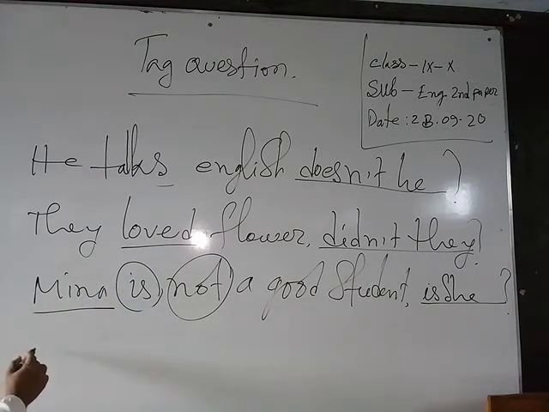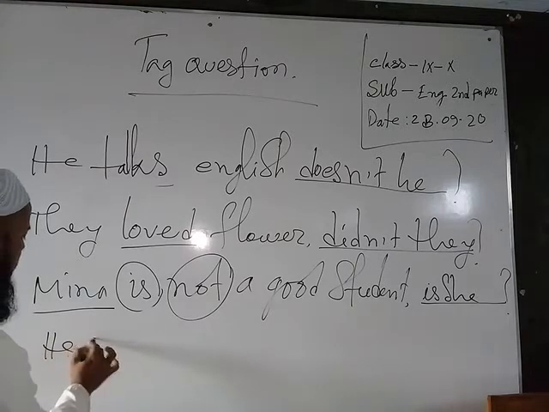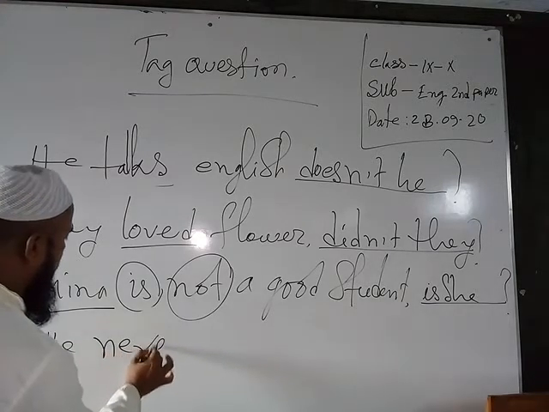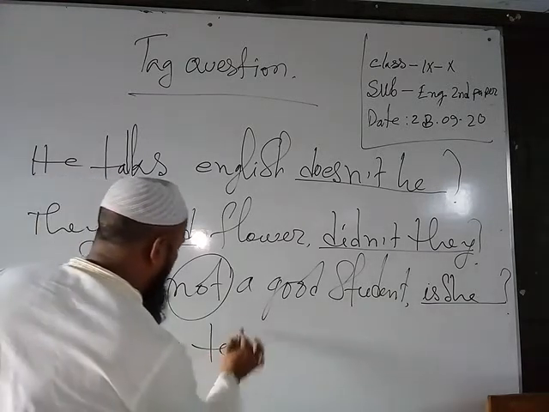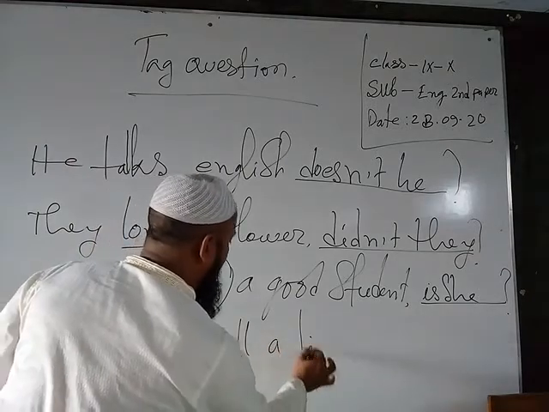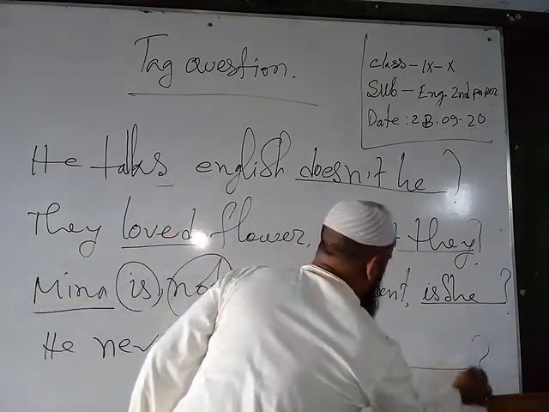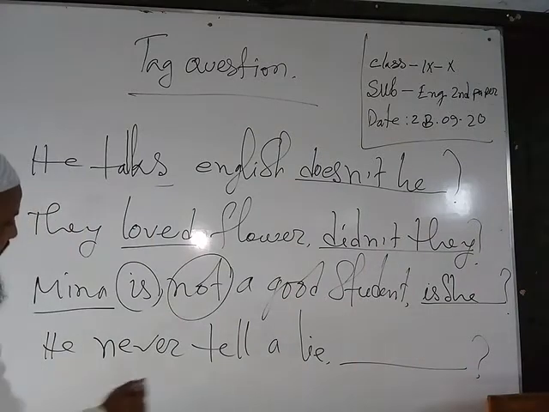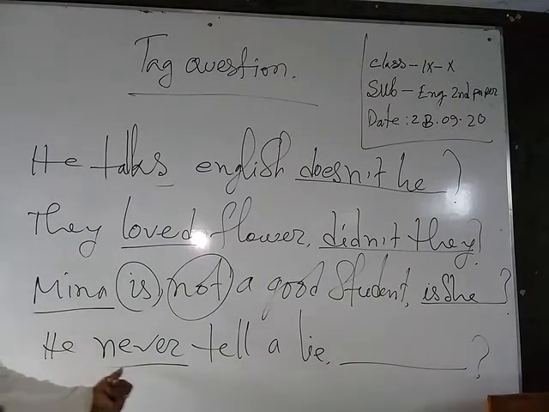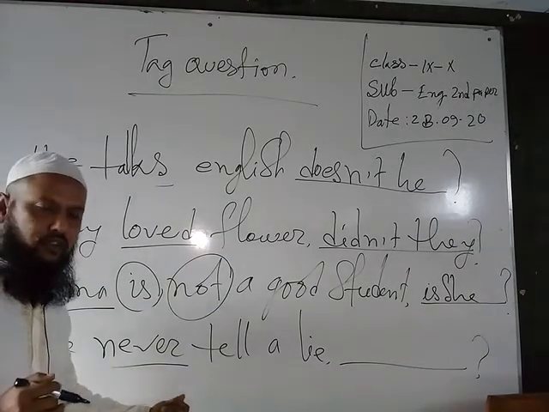Another negative sentence is: He never tells a lie. It's a negative sentence. Here, if a sentence has never, it's definitely a negative sentence. Never is a negative word.